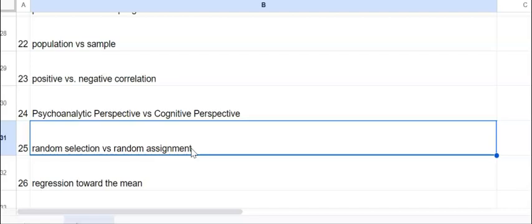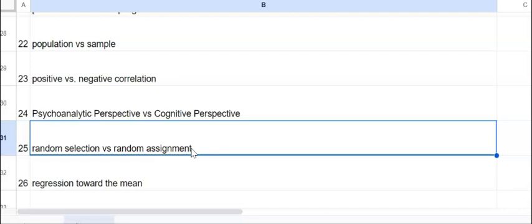That would be random selection versus going and getting every kid whose last name starts with the letter A. That would not be random. We picked all the kids with the same first letter of their last name. So that's random selection. When we get them randomly, it can be drawing names out of a hat or maybe a randomly computer-generated list.